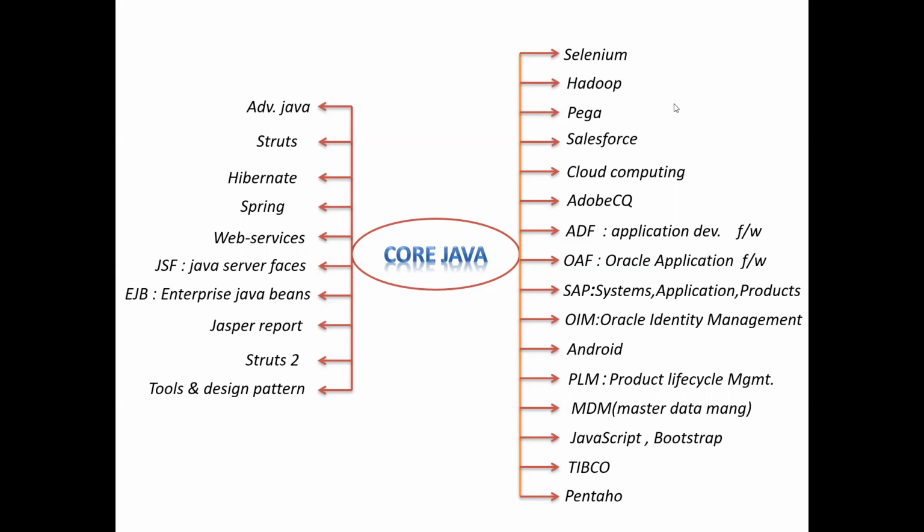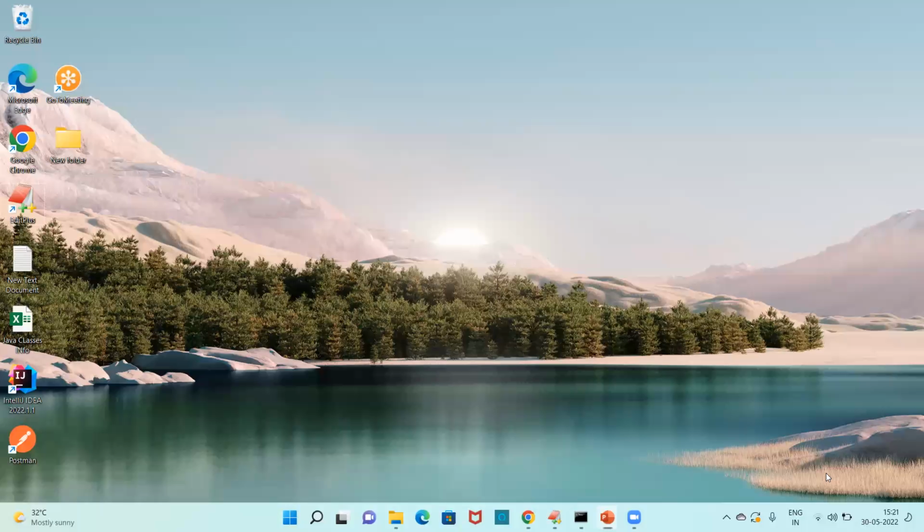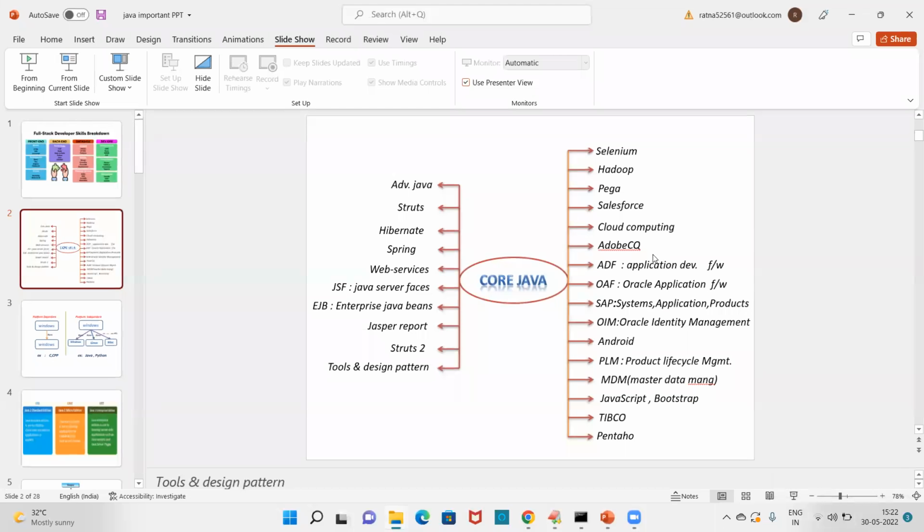If you are an Oracle employee, we have the Application Development Framework. ADF requires Core Java, and OAF, the Oracle Application Framework, requires Core Java. The SAP module, System Application Products, requires Core Java, and Oracle Identity Management requires Core Java.